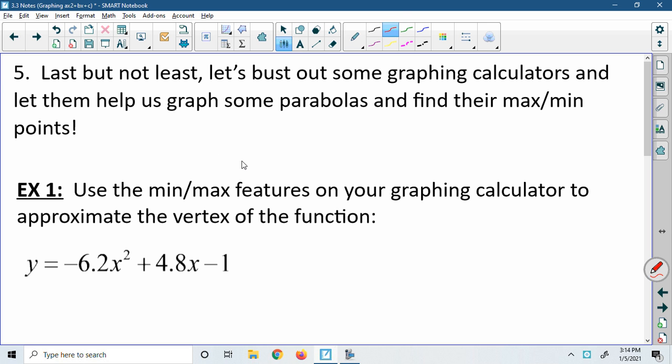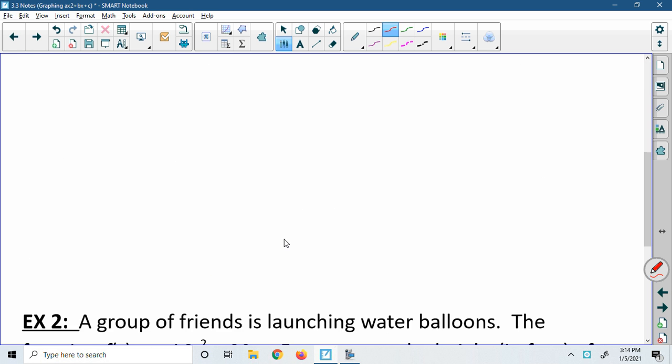If you really want to do it before you get back to class, just use desmos.com. It'll graph these parabolas for you, and then you can just hover over the point where the vertex is, and it will show you the maximum or minimum point.